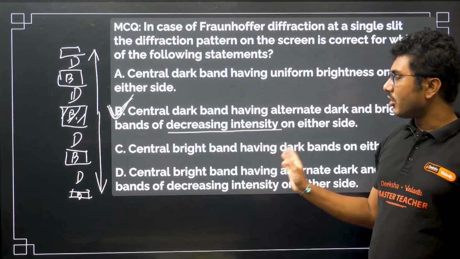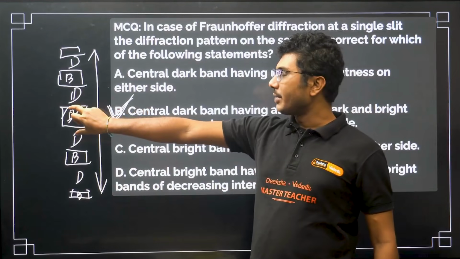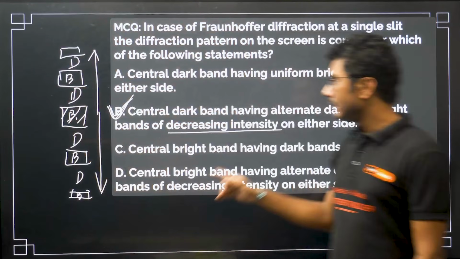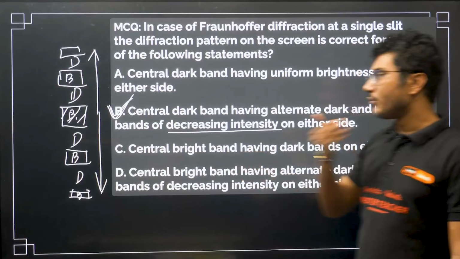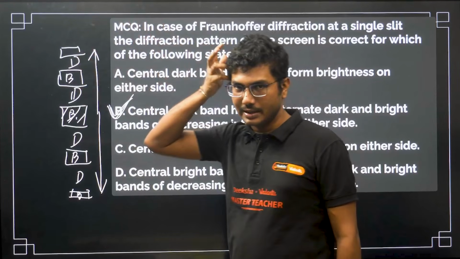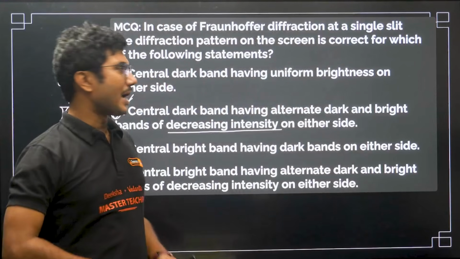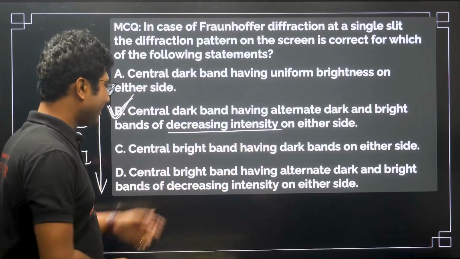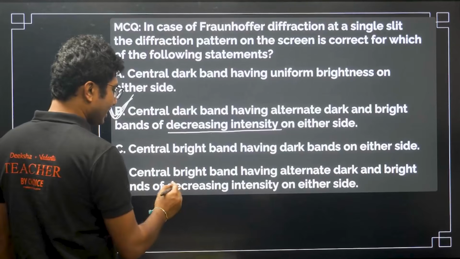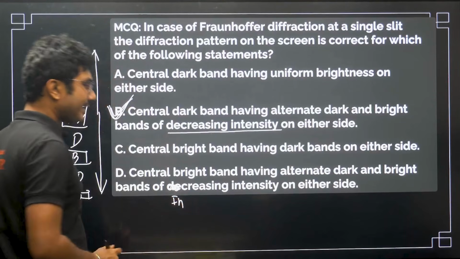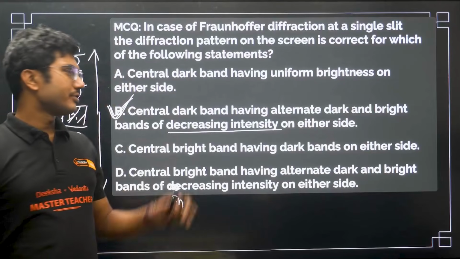This is not correct, because if everything was dark, then C would have been correct. But what we get is alternate dark, bright, dark, bright, like that. Alternate dark and bright on either side with intensity decreasing is correct, but this should have been increasing so that we do not have any confusion. Increasing intensity on either side is not correct.